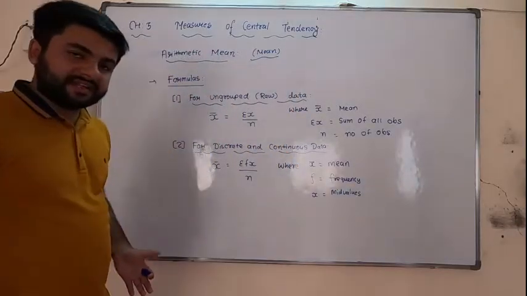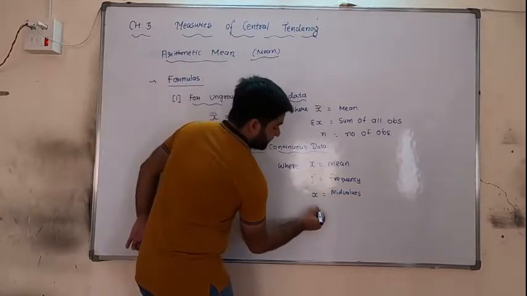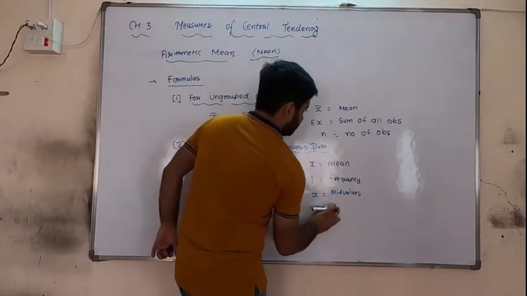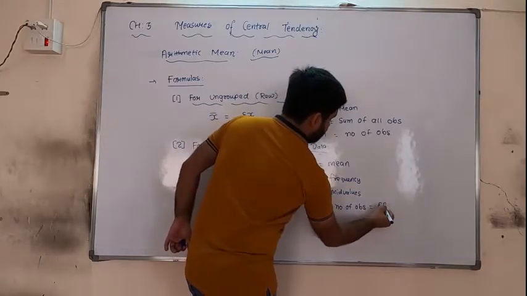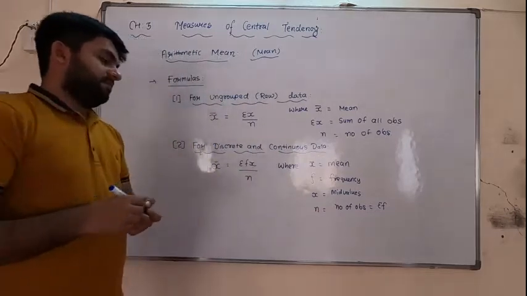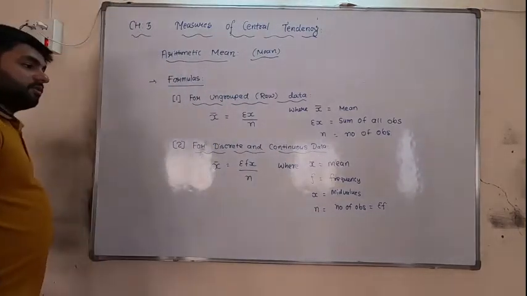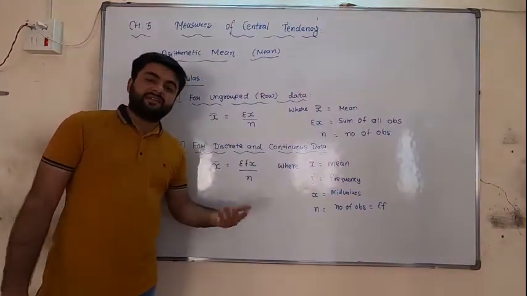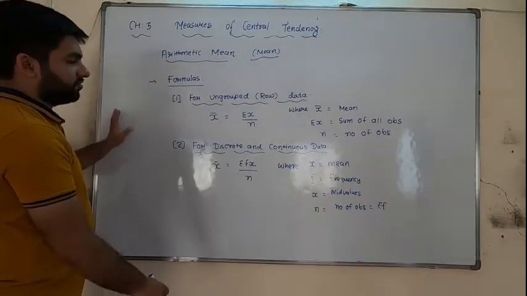In discrete data directly x is given, but in continuous data mid value is there. N is number of observations is equal to sigma f. Okay, so this is the thing you have to remember. Only these formulas are to be used, no formula for t and a and that. Directly we will use these formulas only, and it is compulsory. So you may write this thing.